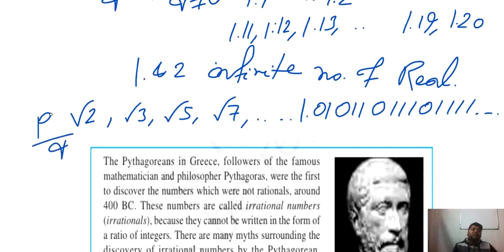So these numbers are called irrational numbers.